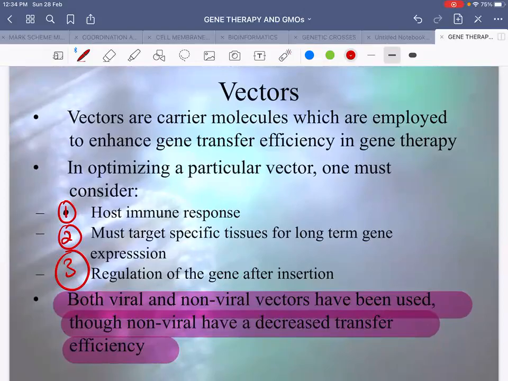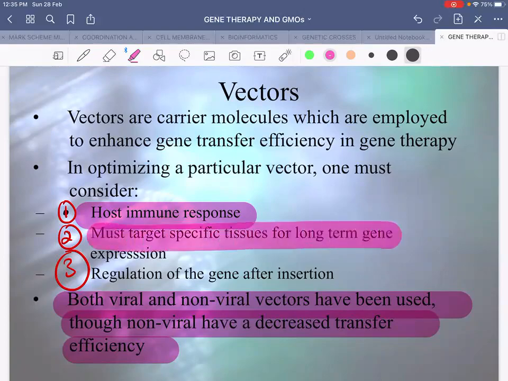At the same time, you have to make sure that the viruses don't elicit a reaction, that the body of the human being does not react or reject the virus, does not produce an immune response. And that when you are introducing that allele through this viral vector, the viral vector should have the capability of targeting only the specific tissues.